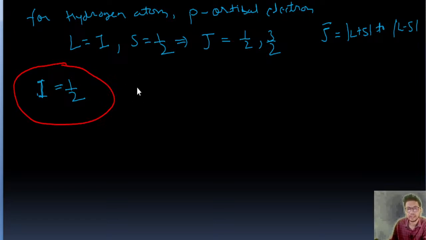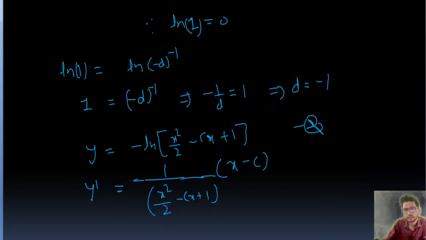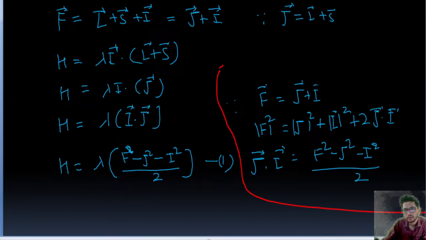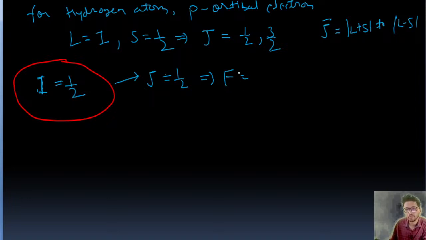So for I equal to 1 by 2 and J equal to 1 by 2, the value of F is going to be J plus I, which gives 0, 1.